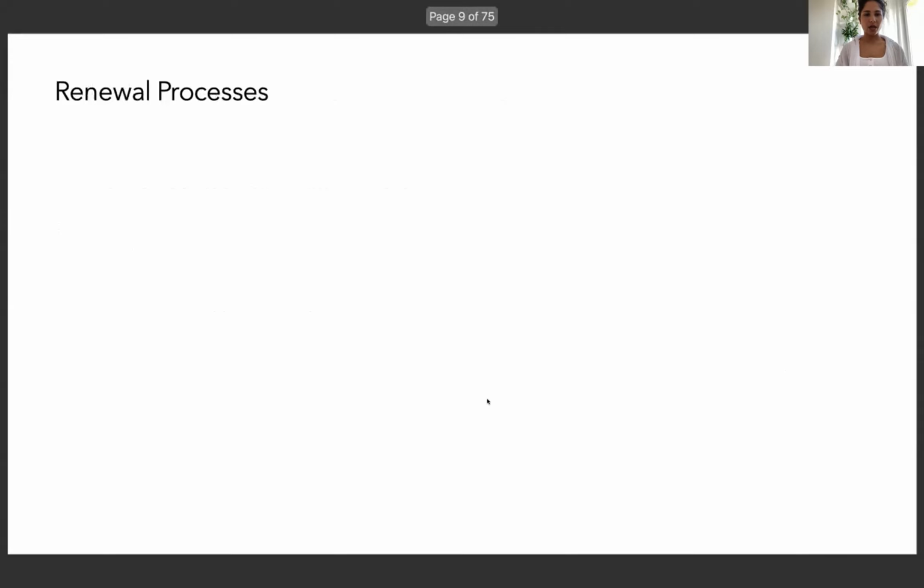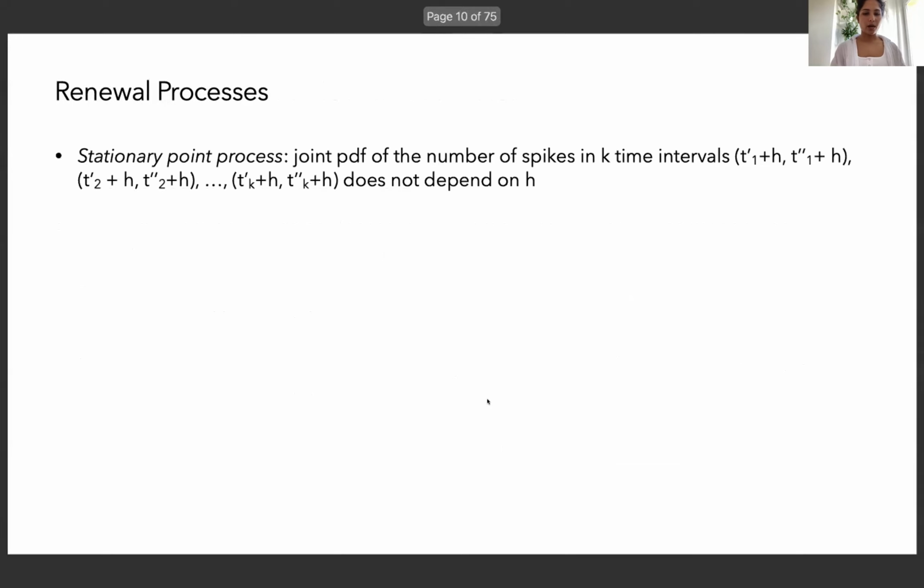Going further, renewal processes. That's what I'm going to describe on this slide. But before that, I'm going to talk about a class of stochastic point processes called stationary point processes. So a stationary point process is the point process where the joint distribution of the number of spikes in any k time intervals doesn't depend on the displacement variable h that you choose.